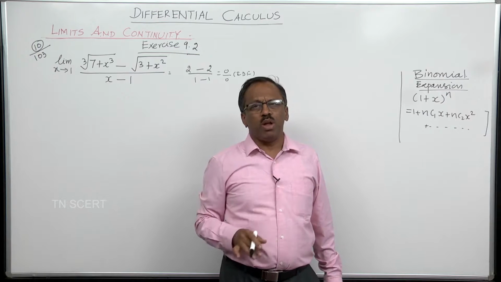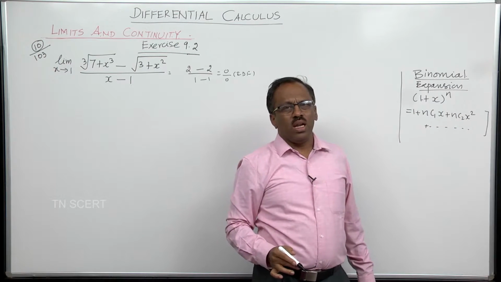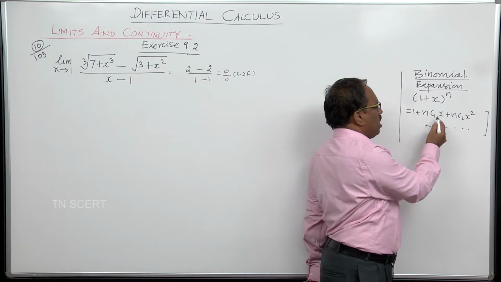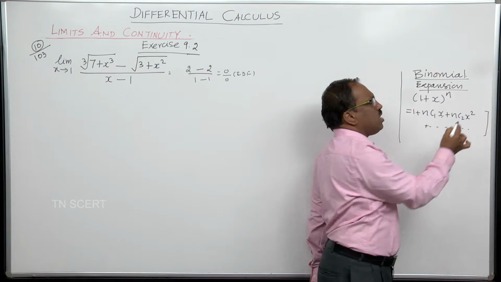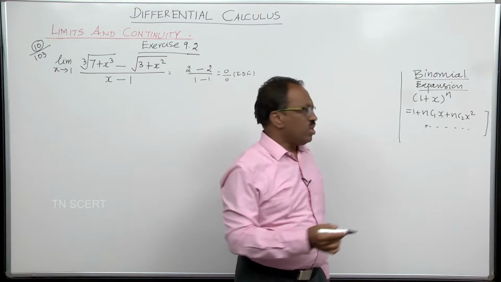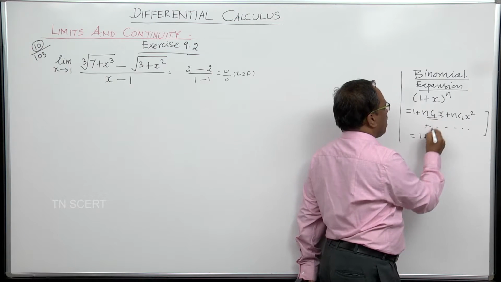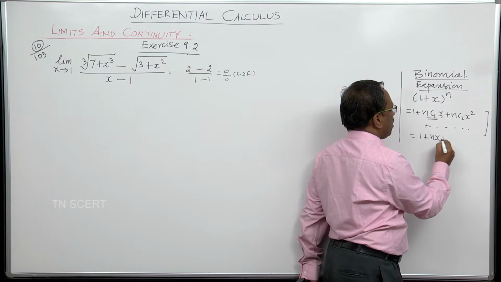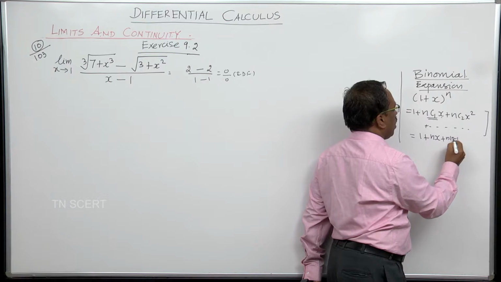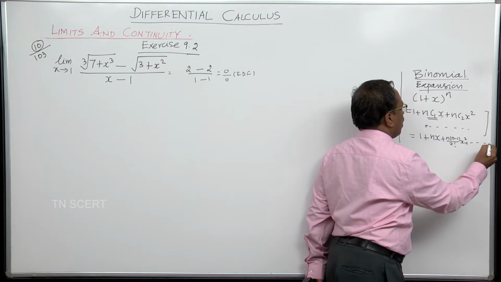What is binomial expansion? 1 plus x whole power n equals 1 plus nC1 x plus nC2 x square and so on. nC1 is nothing but n, then n into n minus 1 by 2 factorial into x square, and the terms keep going.